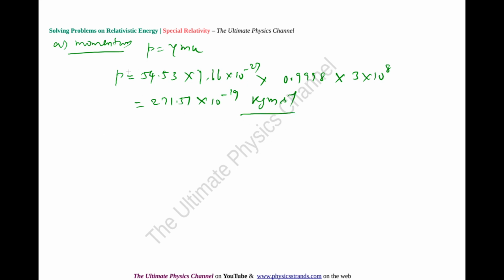Now I have to convert the momentum, gamma m u, to MeV over c units.